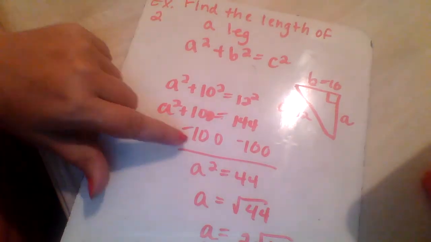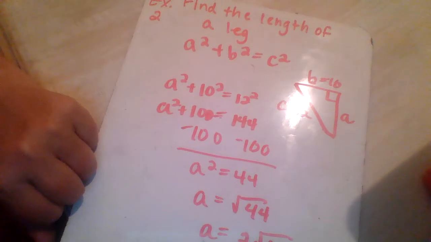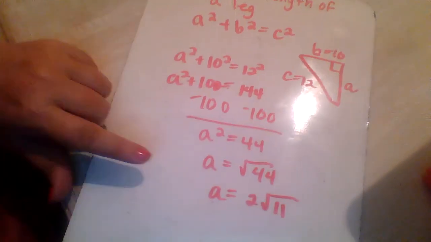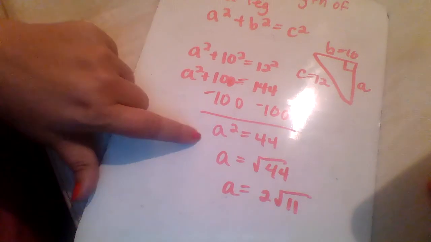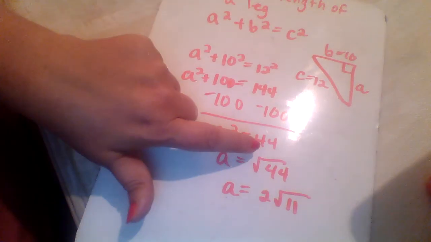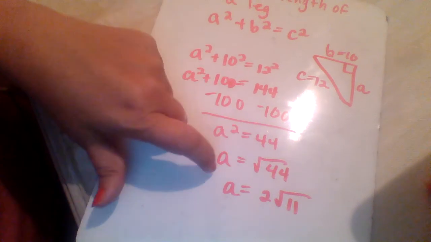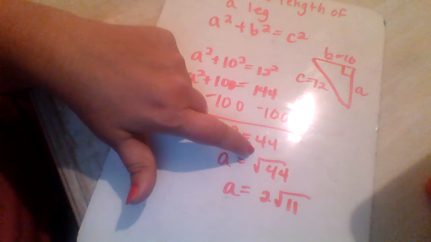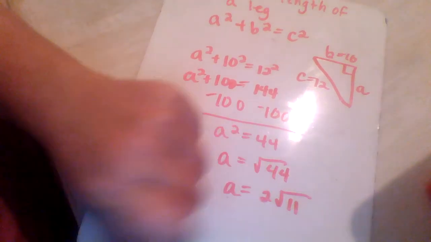We're going to subtract 100 from both sides. Whatever we do to one side, we're going to do to the other side. So we can solve here for a. And we're going to get a squared, that just drops down, equals 44, because 144 minus 100 is 44. We're going to take the square root of 44, and that can be simplified to 2 times the square root of 11.